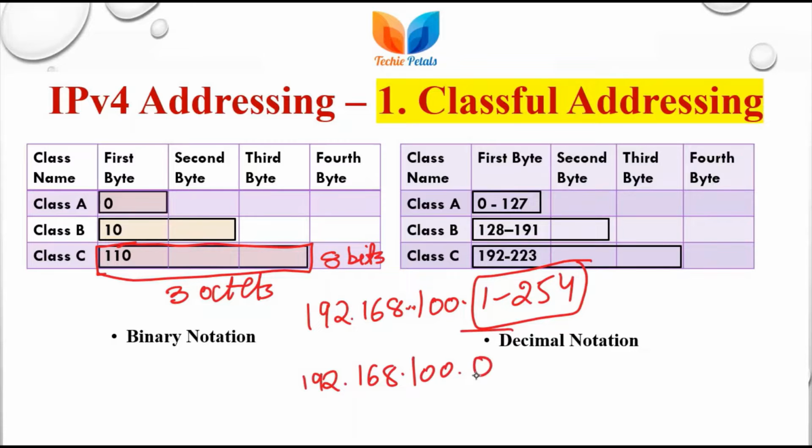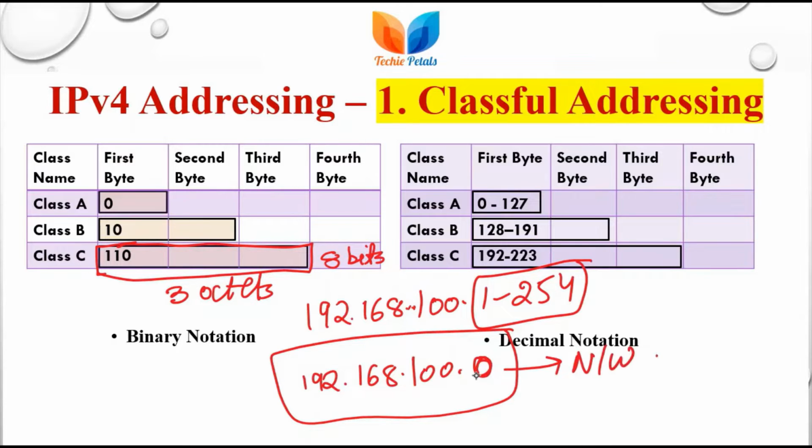We cannot have the IP address 192.168.100.0, because if all host bits are 0, that means we are defining the network ID. This identifies the network, not any host. This ID with all host bits as 0 cannot be assigned to any host. So all host bits cannot be 0.